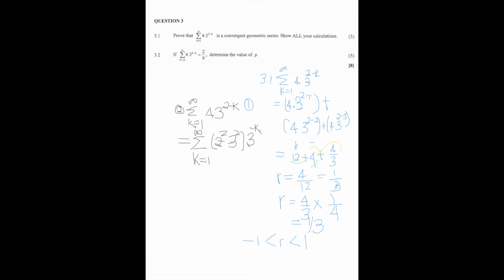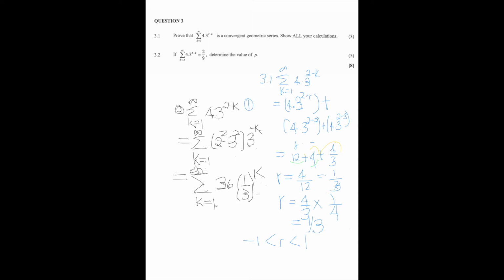And so this can also be written as the sum where k is from 1 to infinity of 4 times 9, which is 36, times 1 over 3 to the power of k.